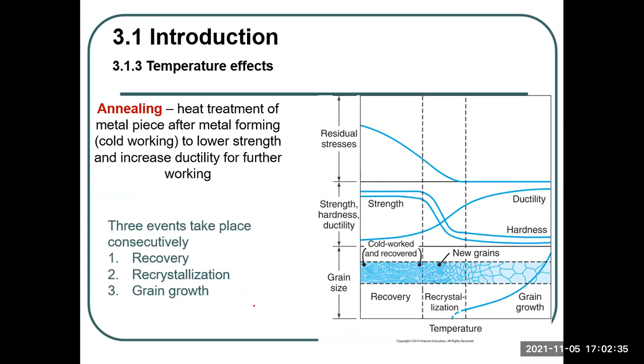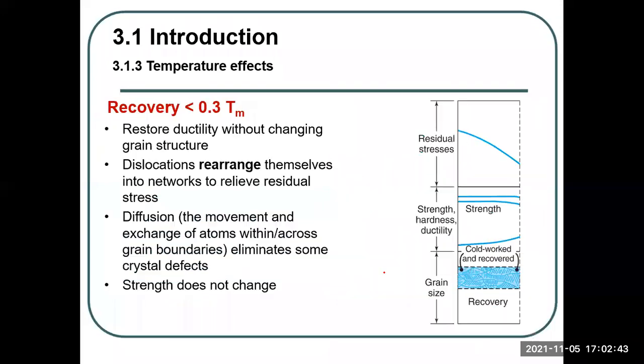So annealing has three stages: recovery, recrystallization and grain growth. You can see the morphology of the grains change one by one. For example, in recovery, the grain is roughly still the same. That's why the strength and hardness are roughly the same. It restores ductility without changing the grain structure.